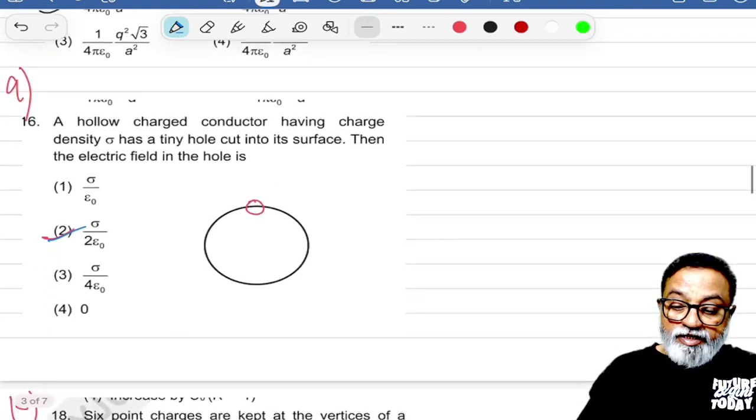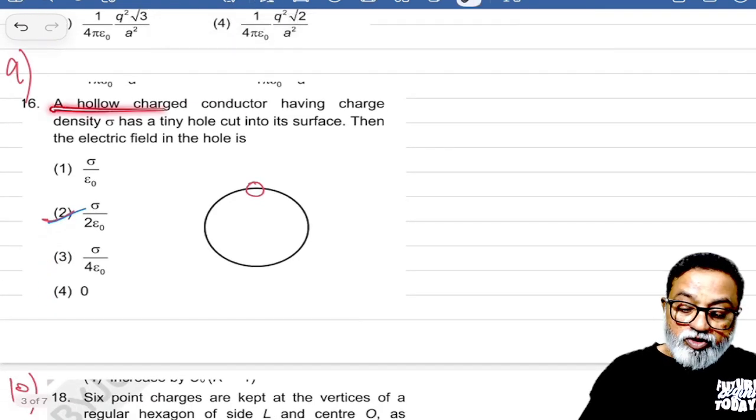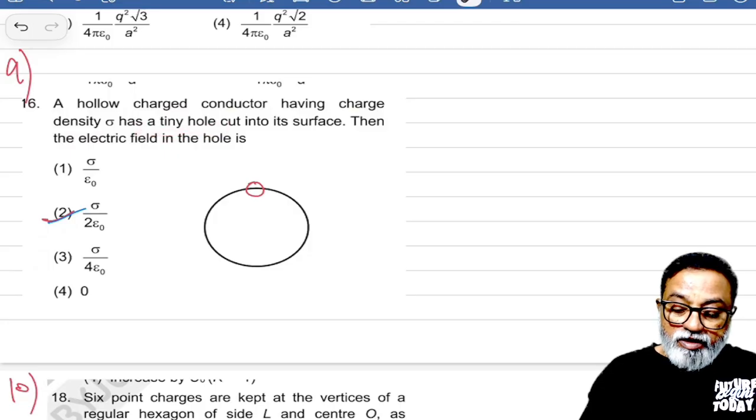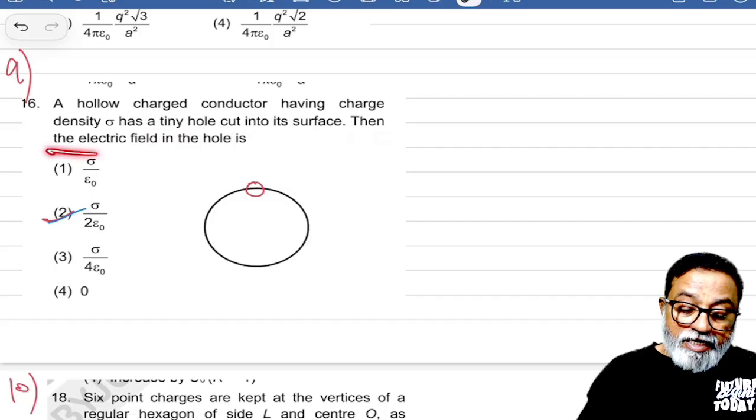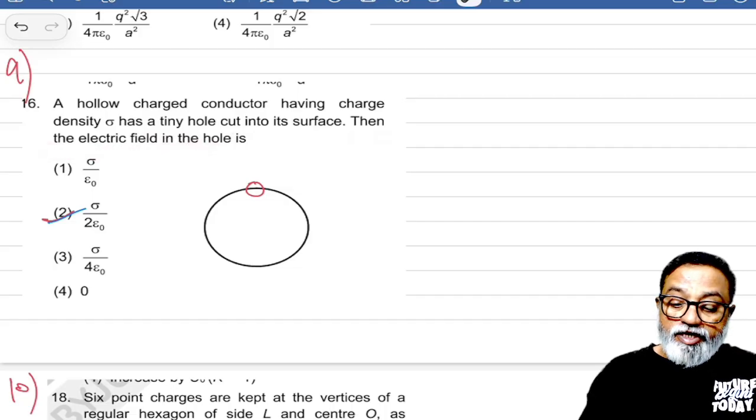Okay. Next one. A hollow charged conductor having charge density sigma has a tiny hole cut on its surface. Then electric field in the hole is.